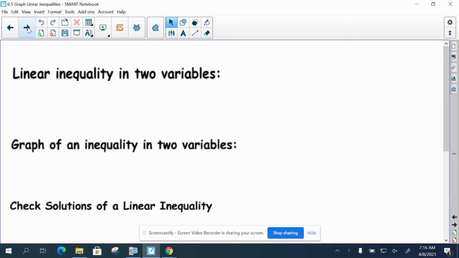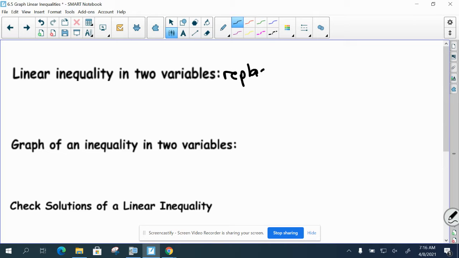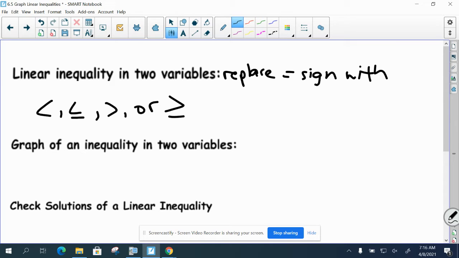First of all, a linear inequality in two variables is the result of replacing the equal sign with less than, greater than, less than or equal to, or greater than or equal to.